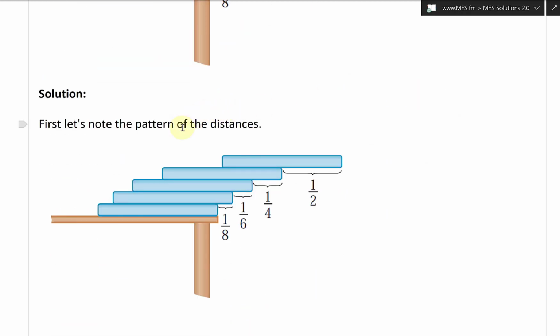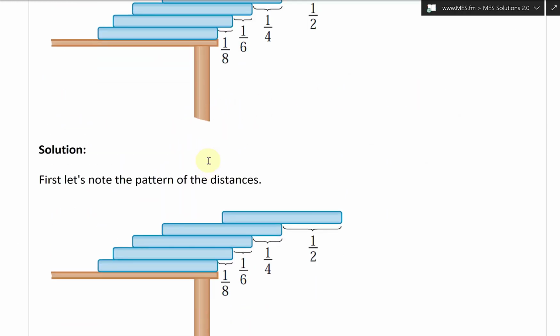All right, so solution. First, let's note the pattern of distances in our construction method. We have this 1/2 there, and this distance right here, this book, is just given length 1. And there are 5 books, 1, 2, 3, 4, 5. Now what we can note is this pattern.